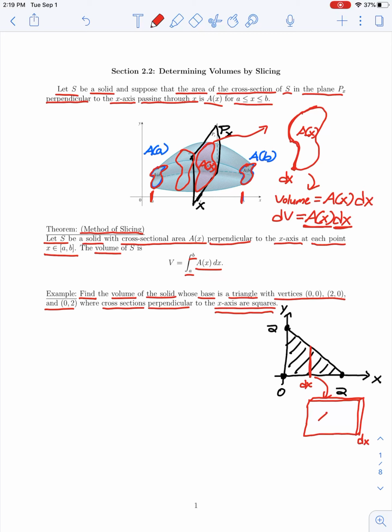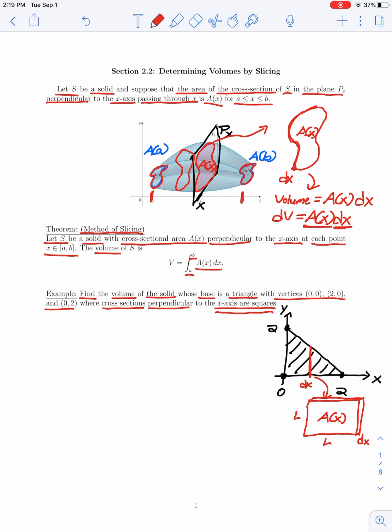So I need to be able to find the area of this cross-section, which I'll call A of x. Now, for a square, we know that the area would be given by the length, let me call it L for right now, squared. If it's a square, we would have the length of one side squared.